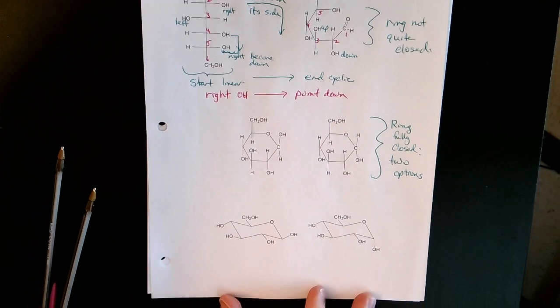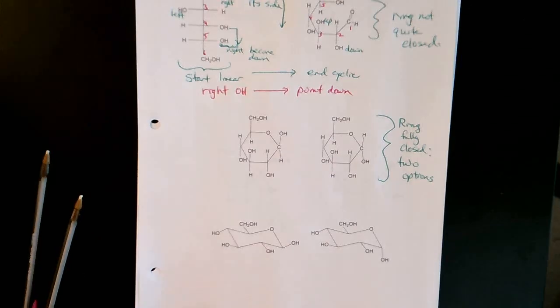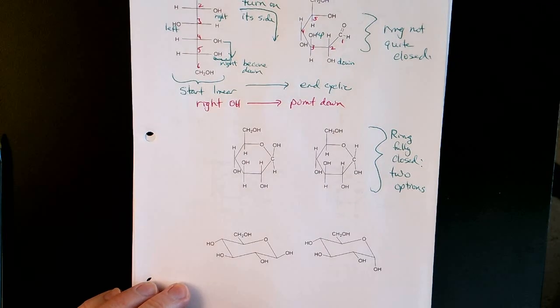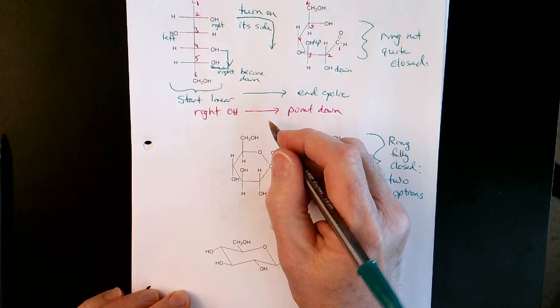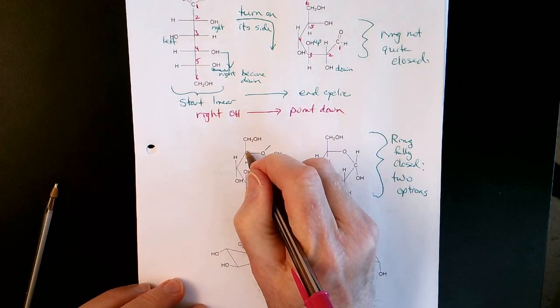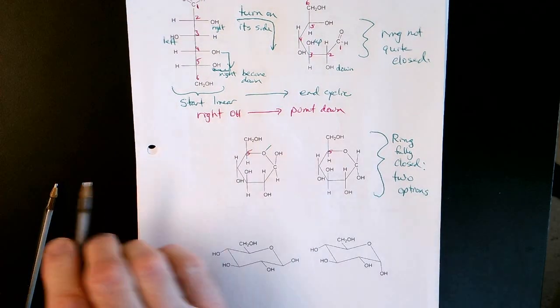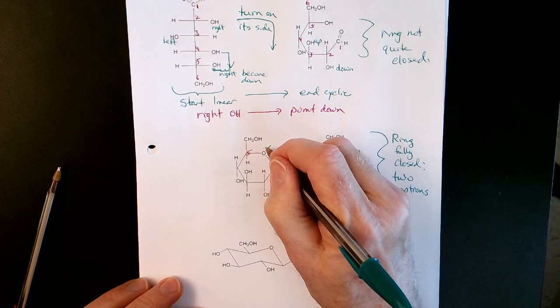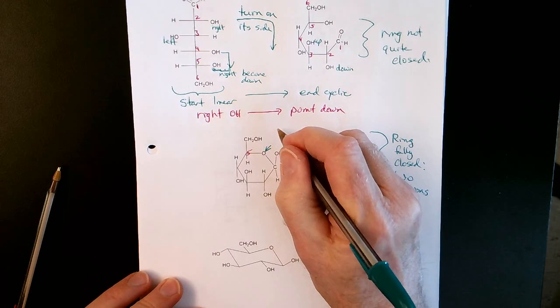But when you do know what you're looking for, they're way different from each other. And let's just trace the different pieces of this ring right here. So like I said, carbon number 5, which is that one right there, it's still that one right there. Carbon number 5 contributed its OH, so it would be this one right here.